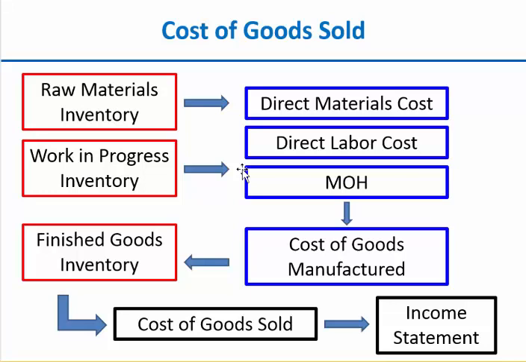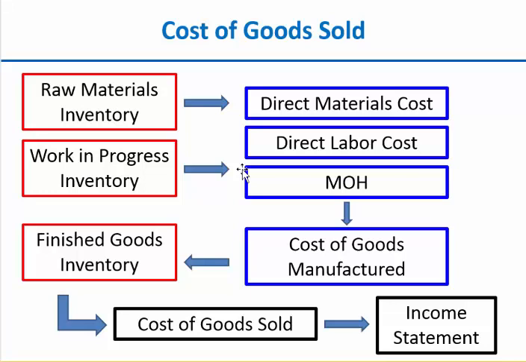You put all these three ingredients in your factory and finish your manufacturing process. The finished products are delivered to the finished goods inventory, and they carry value, called the cost of goods manufactured.